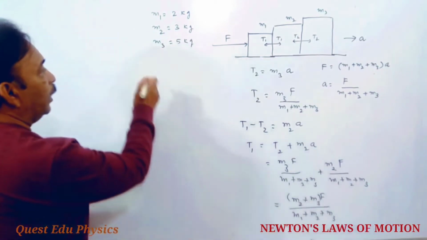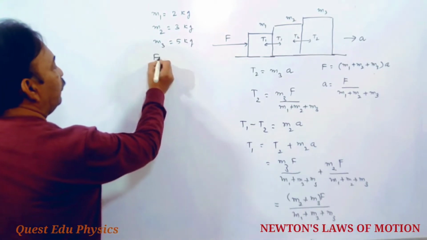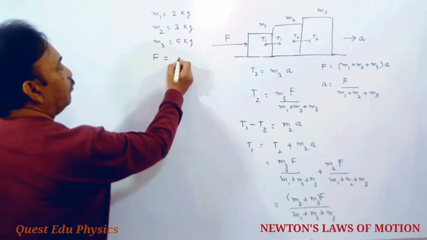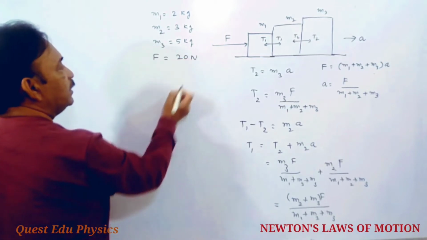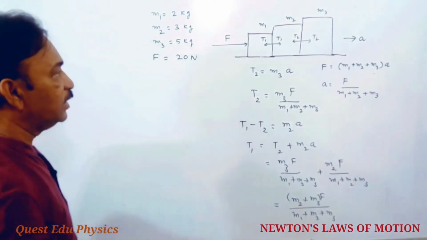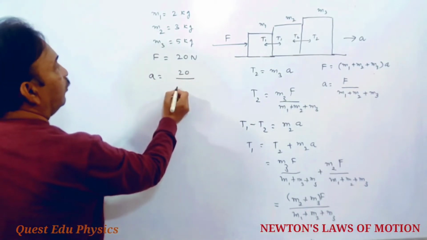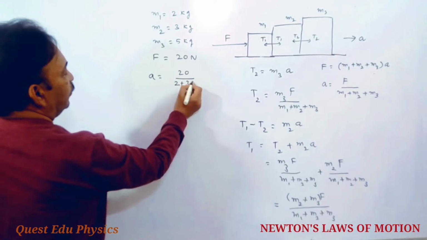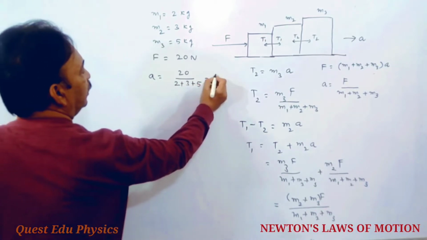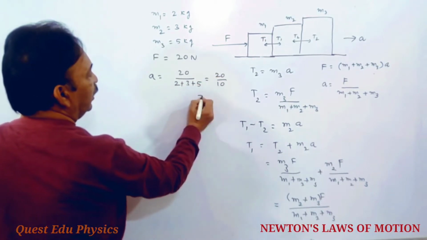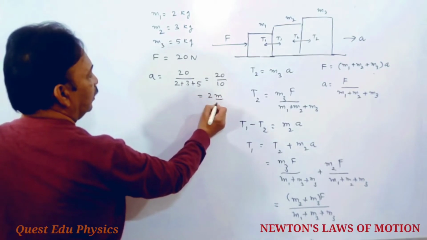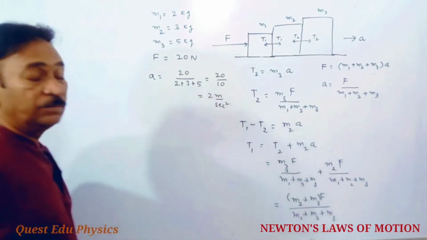Apply force F, say it is equal to 20 N. Then he is asking us what the acceleration is. It's simple. A is equal to 20 over 2 plus 3 plus 5, 20 by 10, and we got an acceleration of 2 meter per second square.